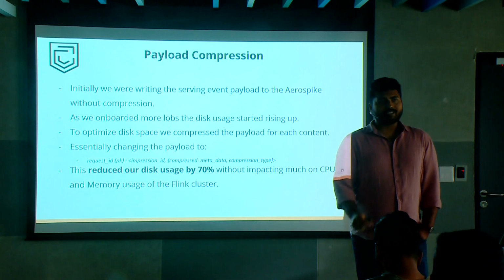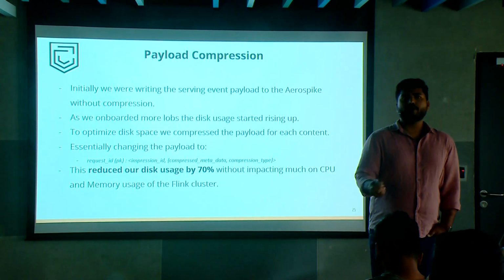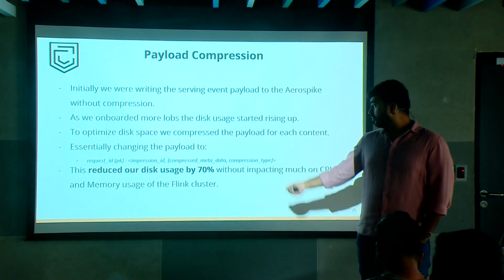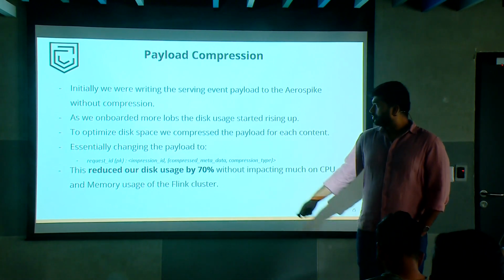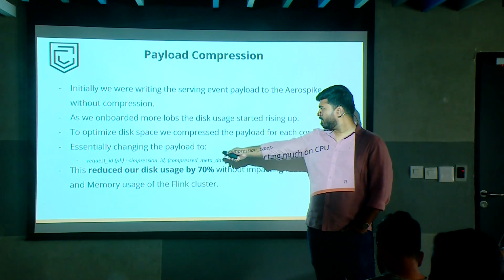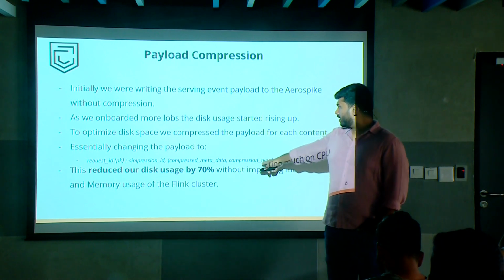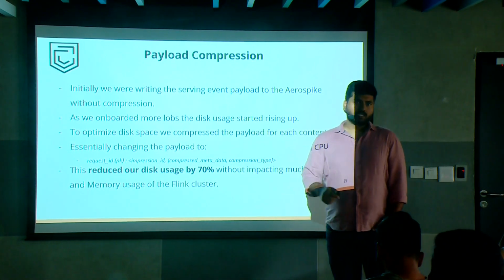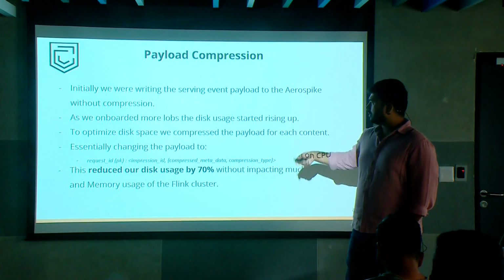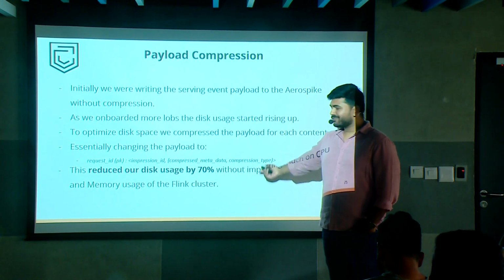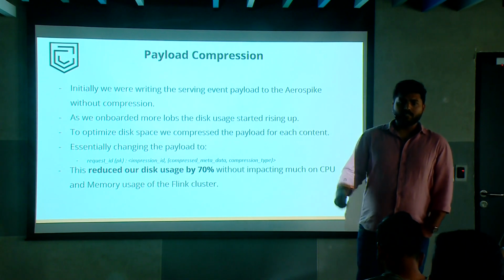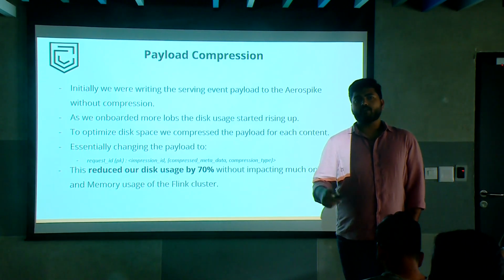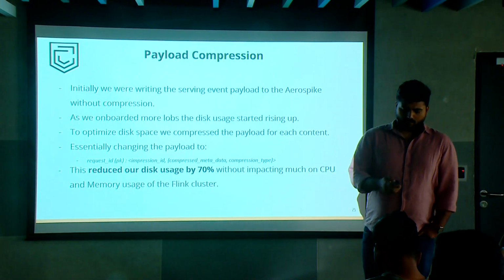So a simpler solution was that we implemented compression before writing to Aerospike. For the same request ID and impression ID, we write compressed metadata along with the compression type. So whenever the user event comes, the stream processing pipeline picks up this record, checks the compression type, uses the same compression type to decompress, and moves forward.